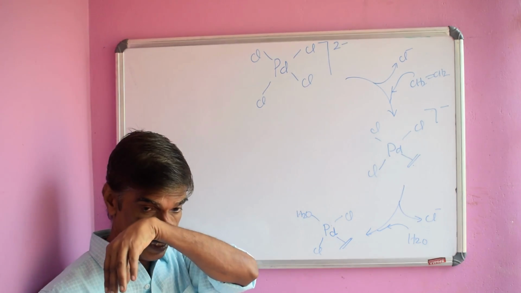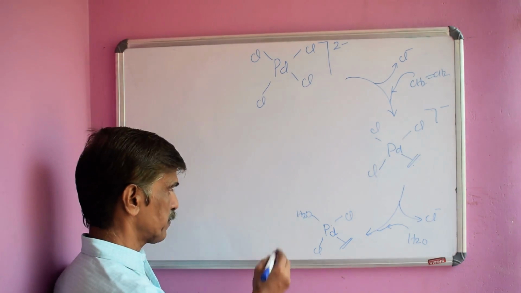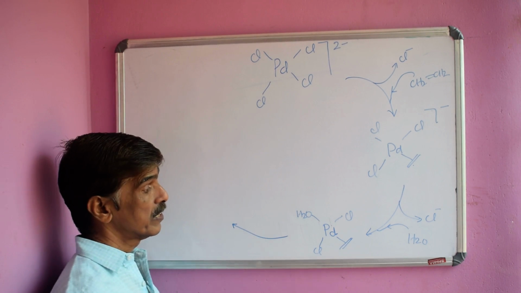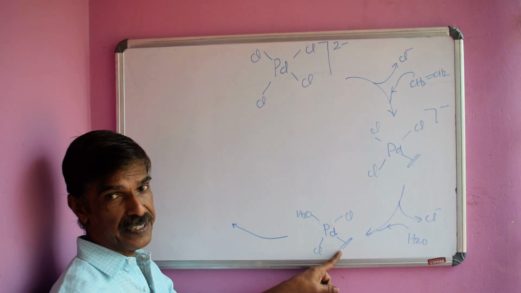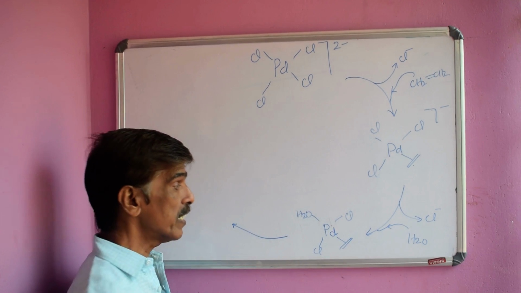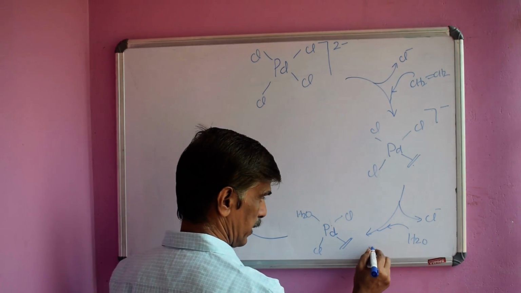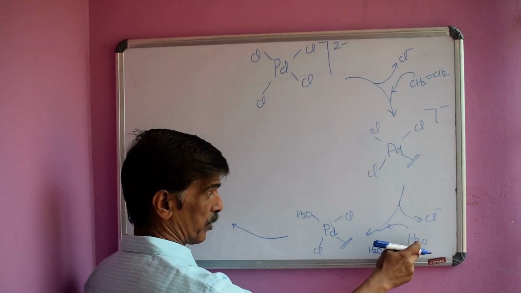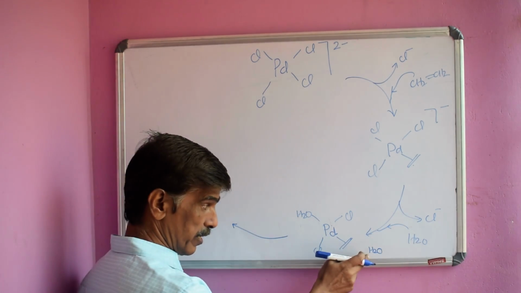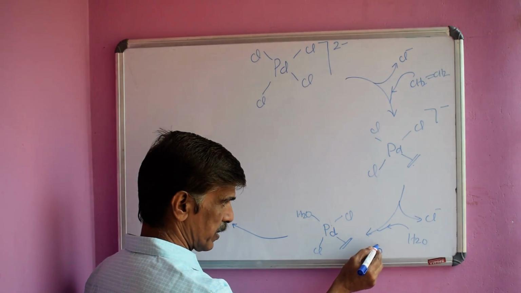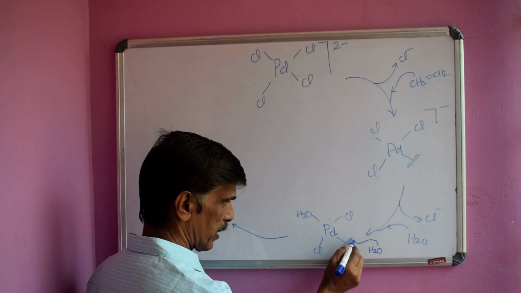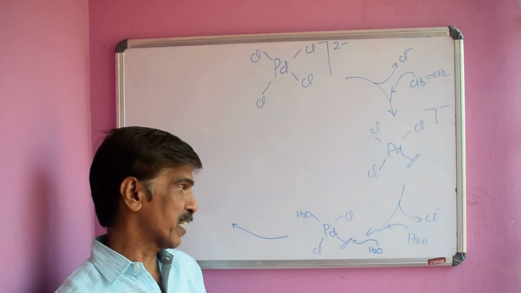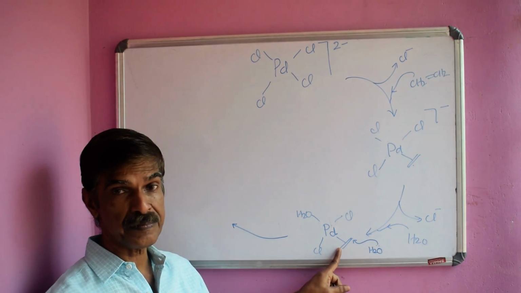Okay. The next stage: we can see that the olefin that is coordinated, that is ethene, is attacked by a water molecule. It is not this water molecule, this water molecule is here, it is another water molecule. I say nucleophilic attack on this ethene.